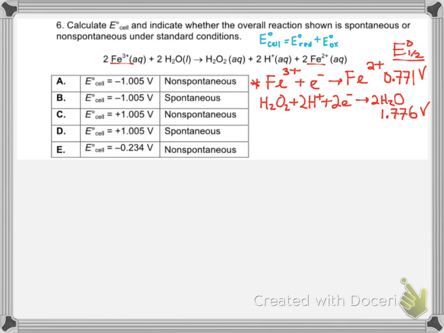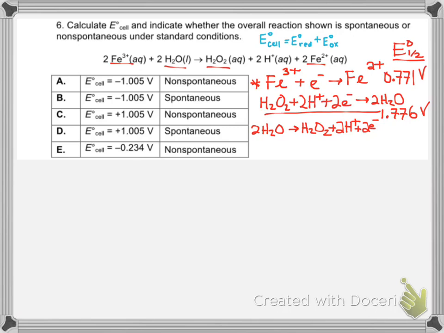Now then, in terms of oxidation, water is being oxidized to form hydrogen peroxide, and here we have written out the reduction of hydrogen peroxide. So what we're going to do is flip that reaction in order to get the reaction that's occurring here. So in our case, water is actually being oxidized to form H2O2 and 2H plus and giving up 2 electrons here.